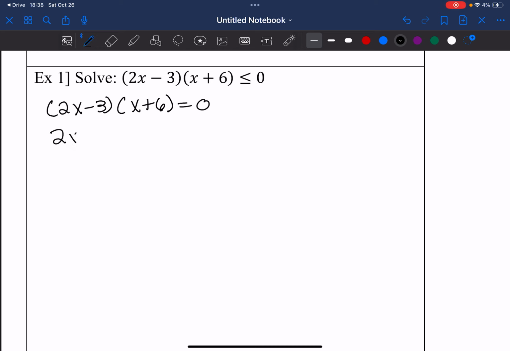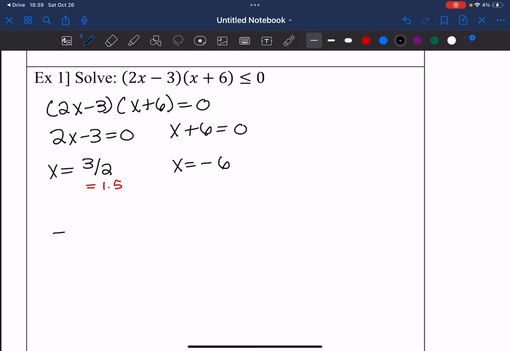So we have 2x minus 3 equals 0, x plus 6 equals 0. So this gives us x is equal to 3 halves because we add the 3 over and divide by 2. And this one gives us x is equal to negative 6 because we subtract the 6 over. Just so we know, 3 halves is the same as saying 1.5.